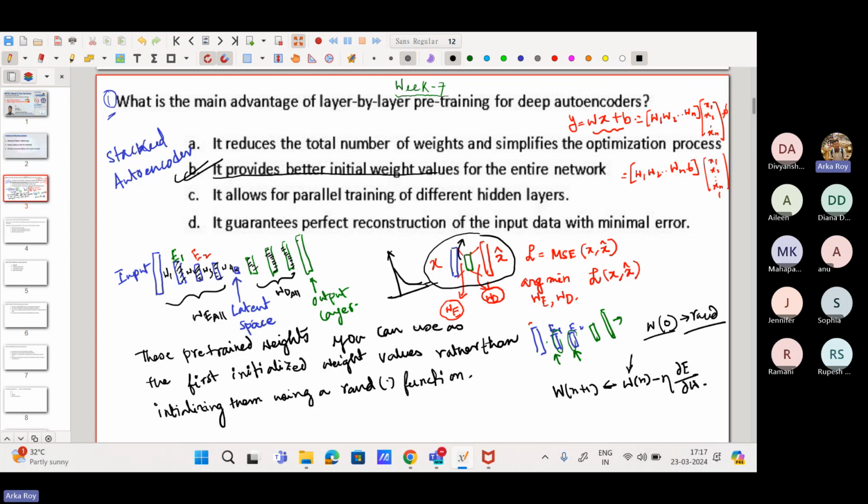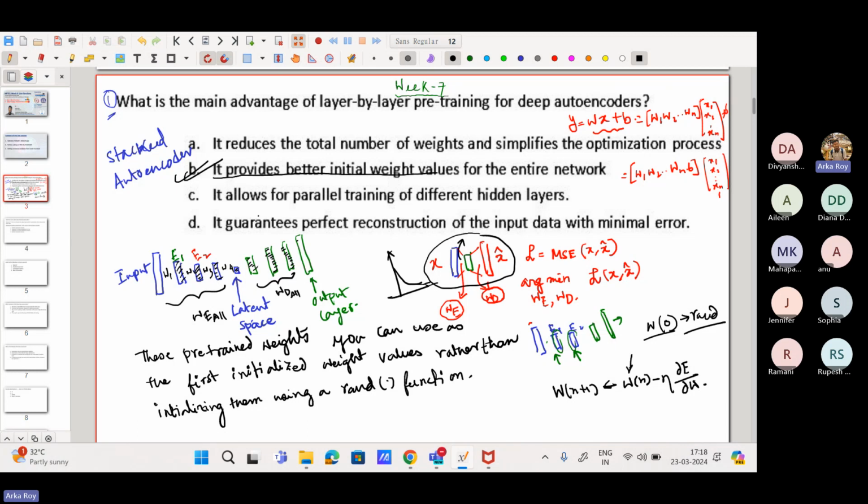Option C: it allows parallel training. It does not allow parallel training. If you see current papers, from 2022, 2023, 2024 onward, some papers are coming which state that you can train this model in parallel. But we need to consider the base paper.